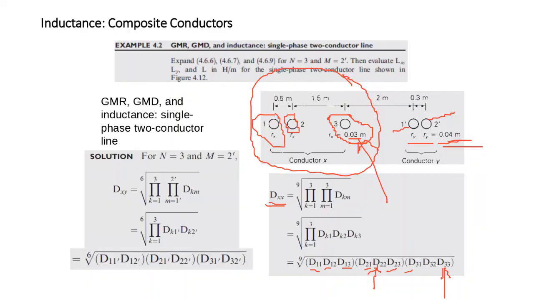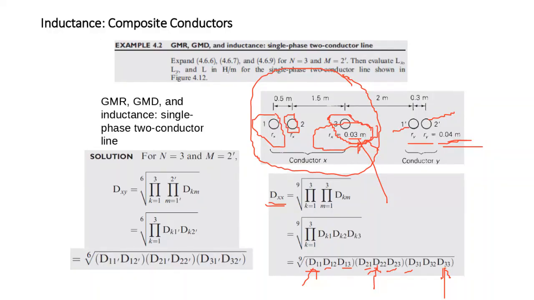So you don't need to calculate every one, it's only once. So much of the time you will spend only on the calculation. So 11 equals 22 equals 33. Why? Because they have the same radius, 0.03. Also, this is only for conductor X.